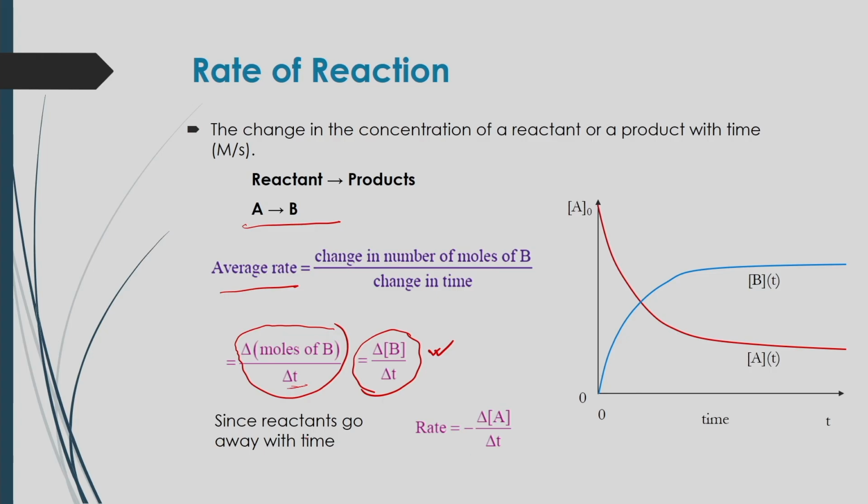Since reactants go away with time, we can write that the rate of reaction is equal to minus delta A by delta T. Here you can also represent the reaction in terms of reactant concentration, not only the product concentration. In this case the change will be negative because A is consumed, whereas B is generated, which is why the rate of reaction will be positive.